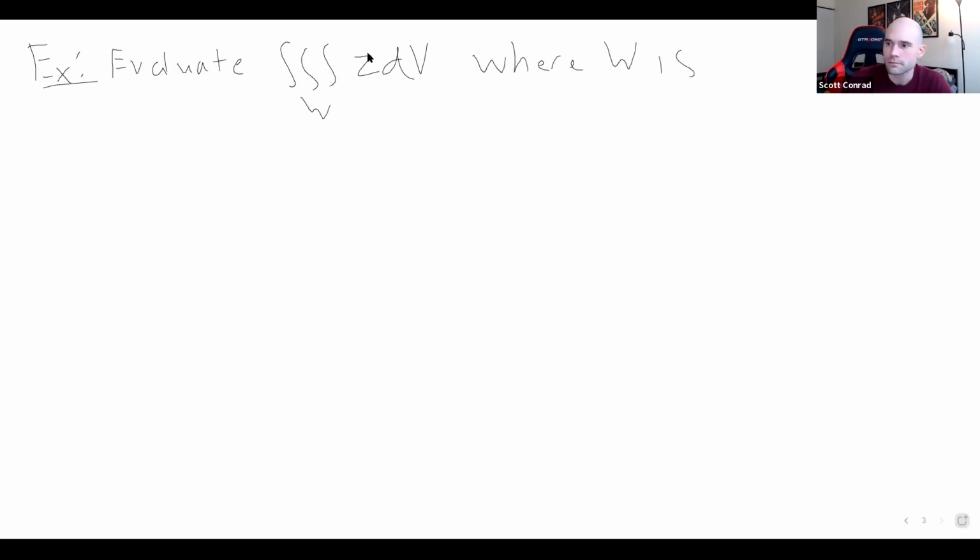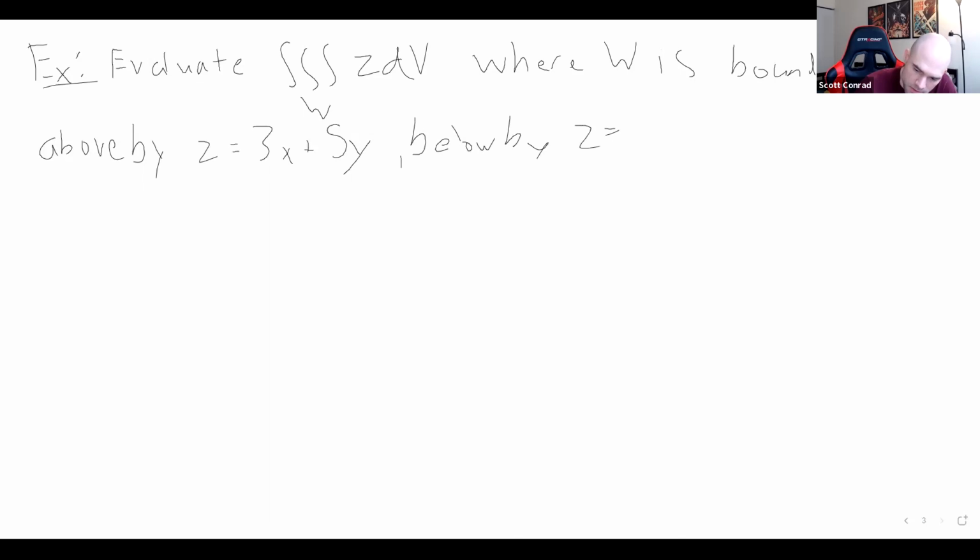So here W is bounded above by z equals 3x plus 5y, below by z equals x plus y.